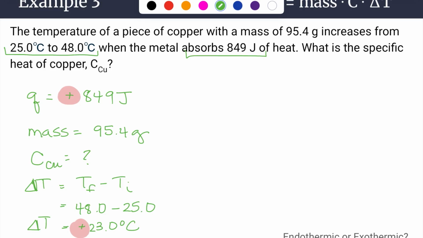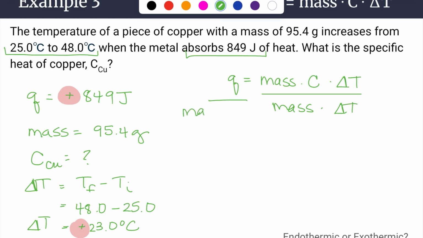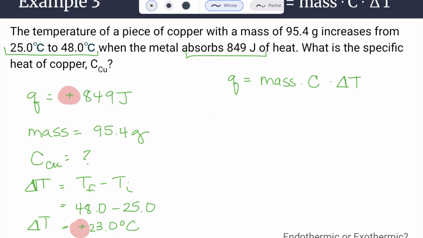And so as we're looking at that formula, Q equals mass times C times delta T. If you want, you can go ahead and reorganize this before you plug everything in, divide by mass and delta T to get an expression that is going to equal C. So if you want to rearrange your equation before you plug things in, you can do that, or you can plug those in.